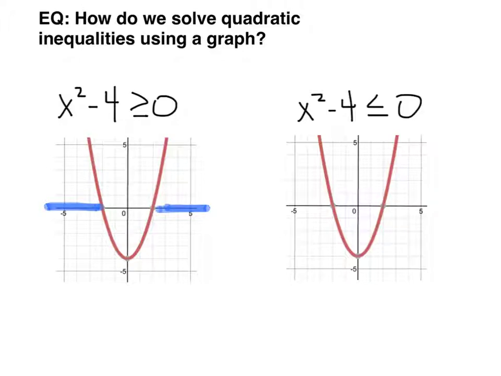If you were to plug in 5, you would get a point on this graph way up high, and it would be above the x-axis. So my solution here would be all of the x's that are less than or equal to negative 2, or all of the x's greater than or equal to 2.